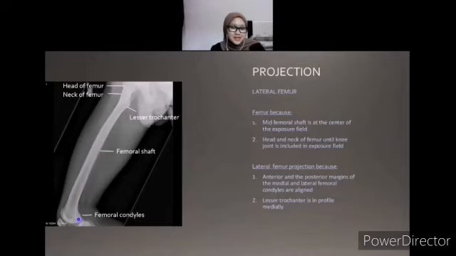And I say this is a lateral femur projection because the anterior and posterior margins of both medial and lateral femoral condyles are aligned to each other. And also the lesser trochanter is in profile medially.